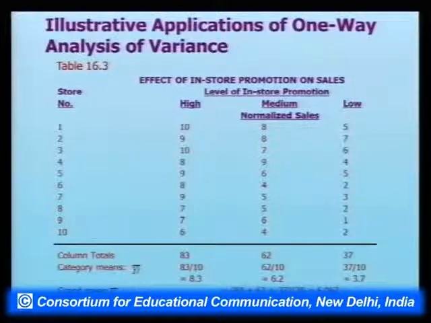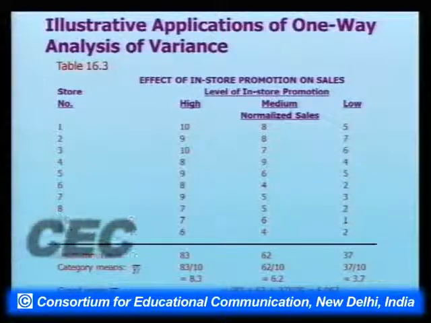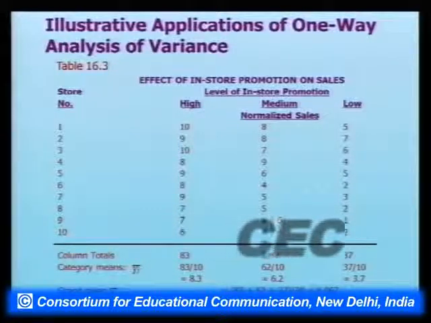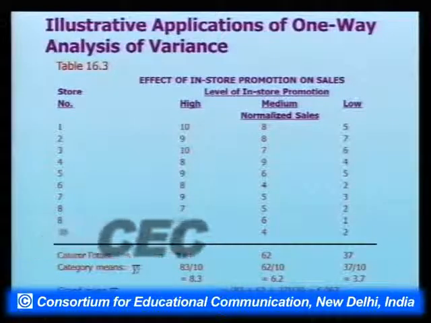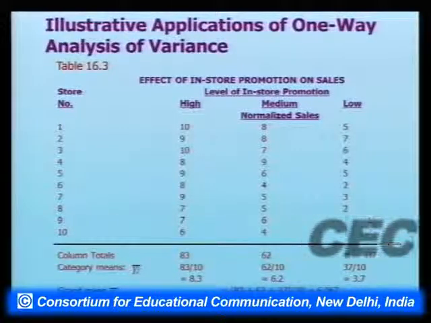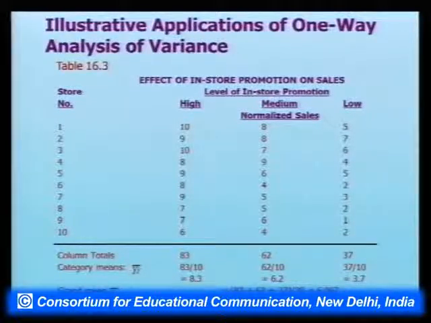Looking at this descriptive statistics, we can say with a little bit of intuition and analysis that perhaps the in-store promotion affects sales, because as we go from low to high level of in-store promotion, the mean sales value increases from 3.7 to 6.2 to 8.3.